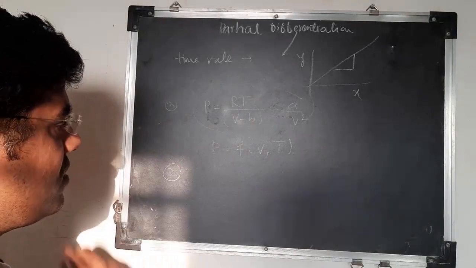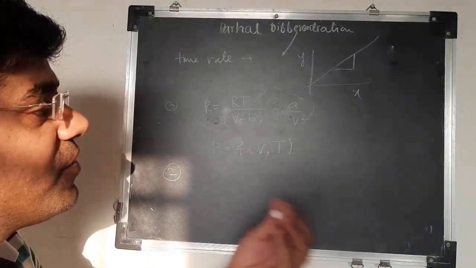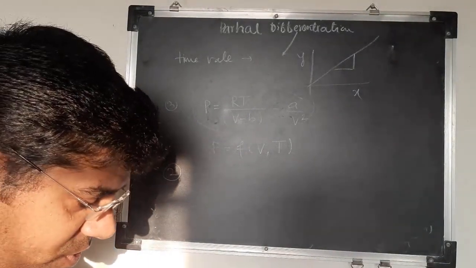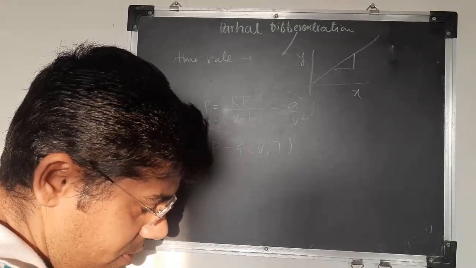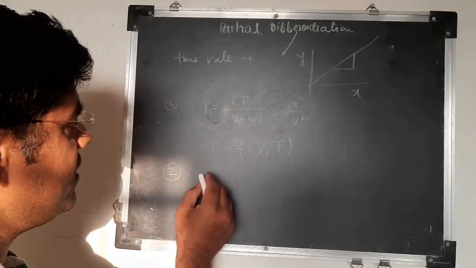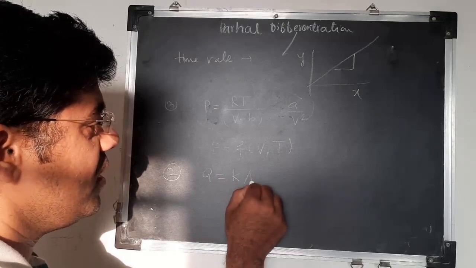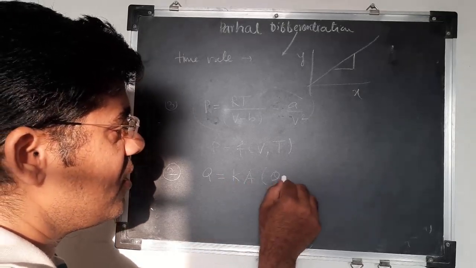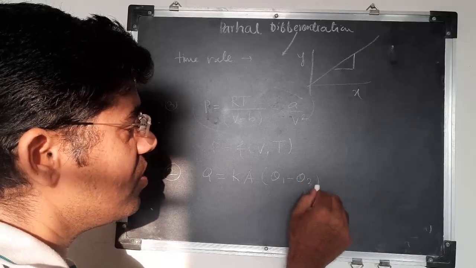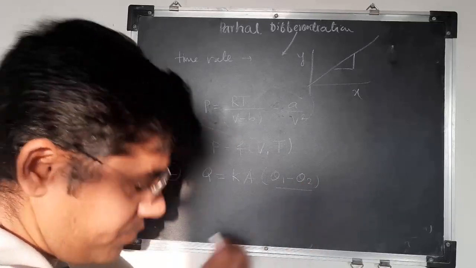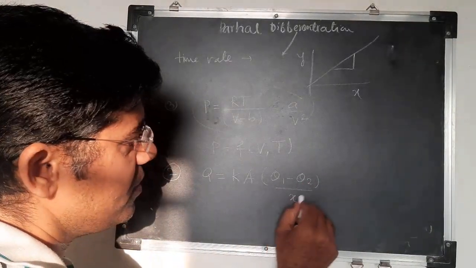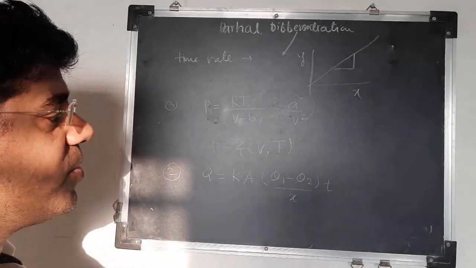Second example, suppose the heat transfer from one body to another body. Okay, so how much is that heat transfer? Q is equal to K times A times (theta 1 minus theta 2) divided by x, into t. This experiment you have performed in first year.